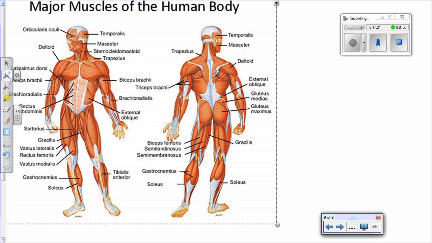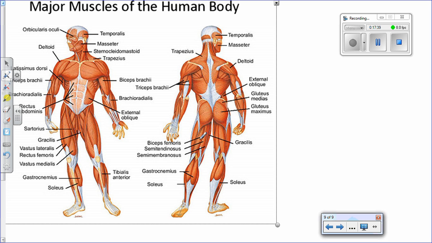You don't have to know those, but you do have to know trapezius. It goes all the way up the back here. Here's the latissimus dorsi, coming all the way down to the top of your pelvis. There's the ilium of your pelvis. Gluteus maximus. You don't have to know medius, but gluteus maximus for sure.